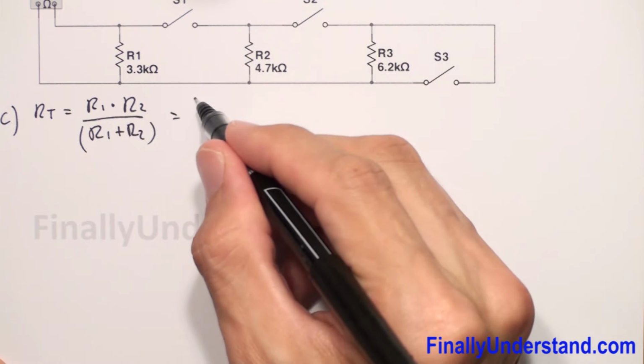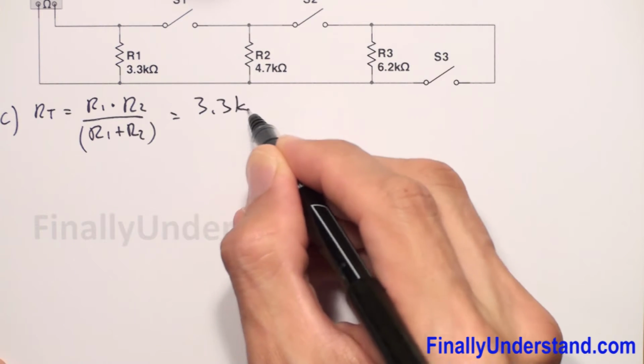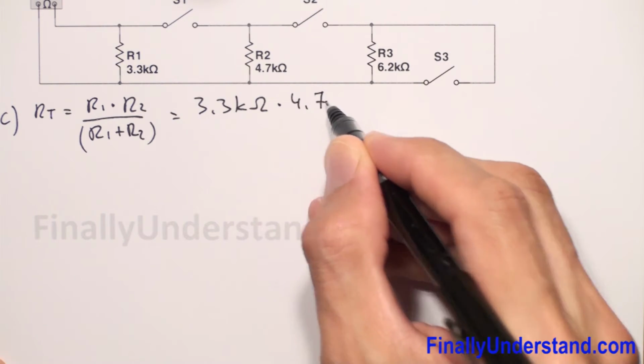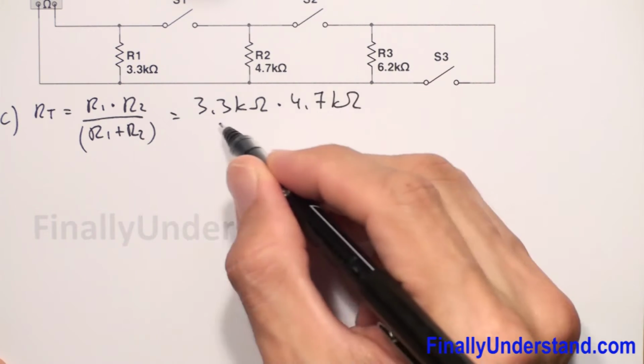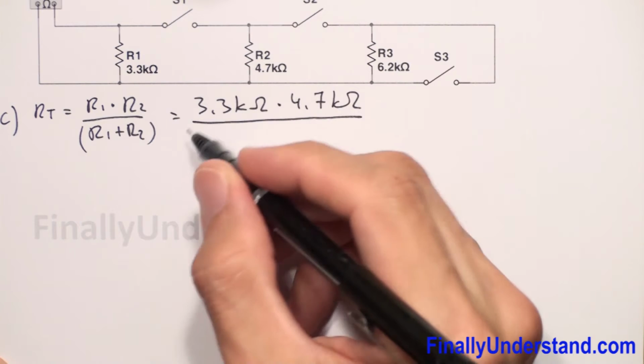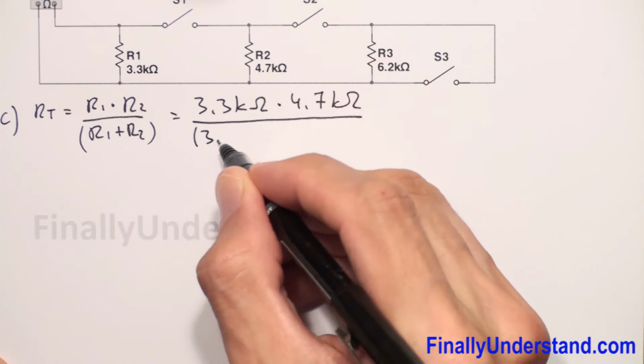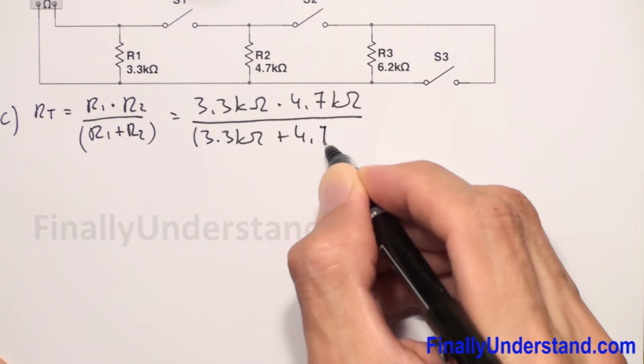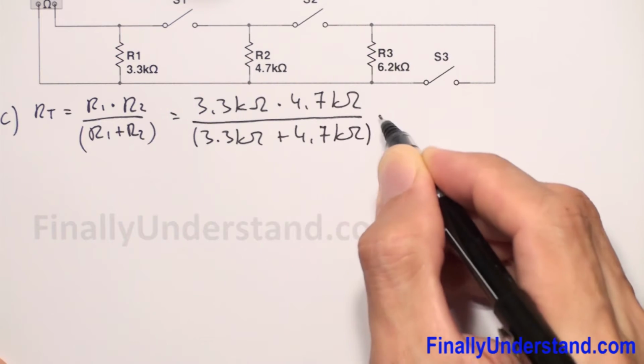R1 is equal 3.3 kiloohms times 4.7 kiloohms over 3.3 kiloohms plus 4.7 kiloohms.